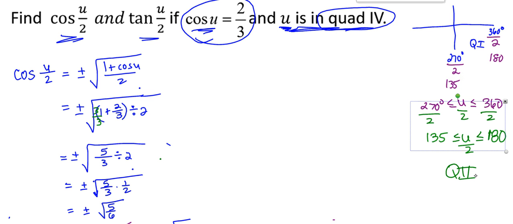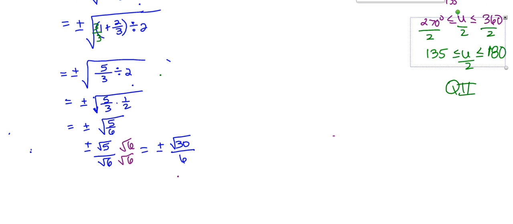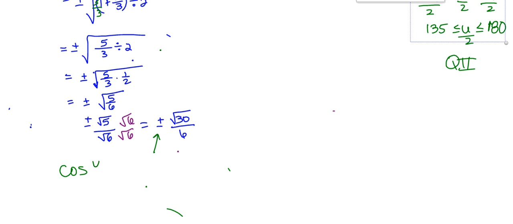That's important because it's different than if I'd gone with quadrant 4. Quadrant 2 says our cosine of u over 2 equals the negative of square root of 30 over 6. And no, you cannot reduce that 6 and 30. The 6 is on the outside, the 30 is on the inside, and they cannot talk to each other.